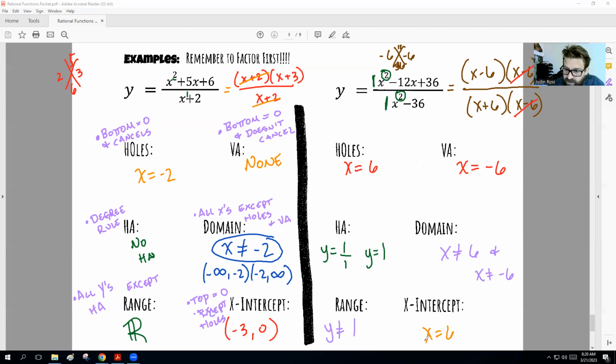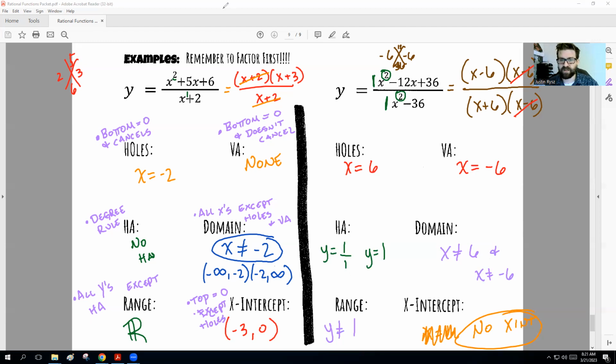That is a hole, actually, in the simplified version. That is a hole, so there is no x-intercept. Now, in our simplified version, there would be an x-intercept, but it'd still be a hole in our original graph, so it doesn't work. It doesn't exist.